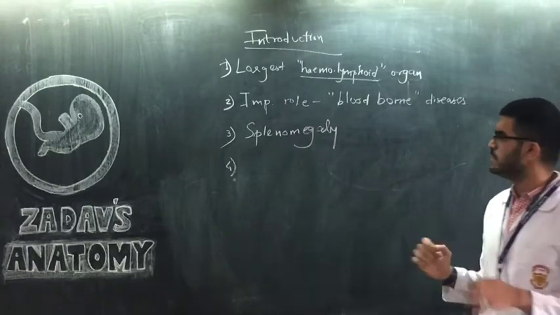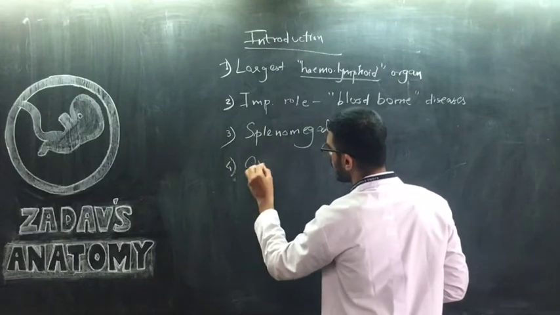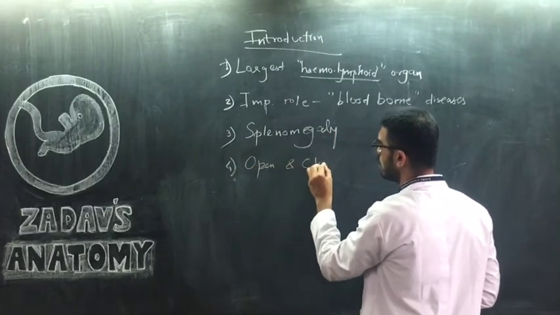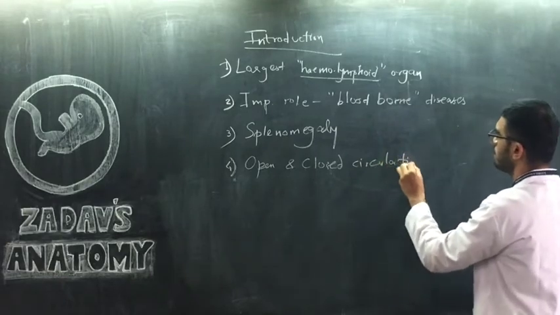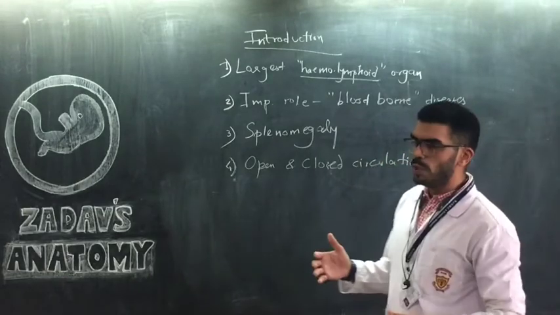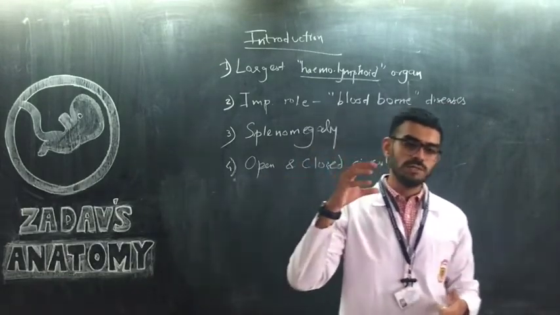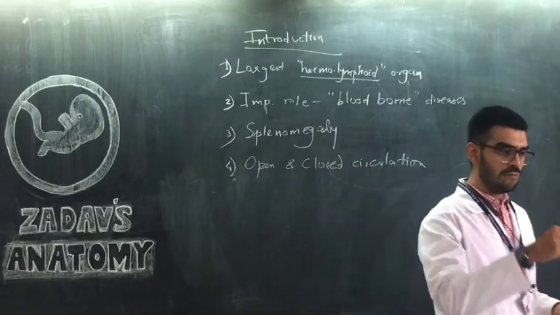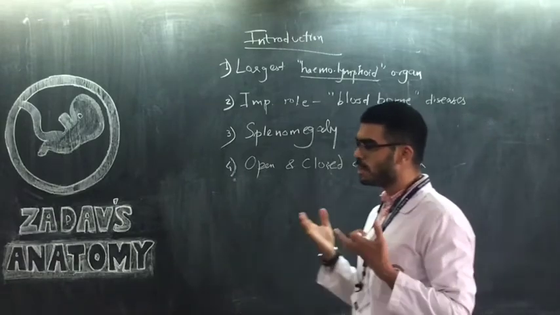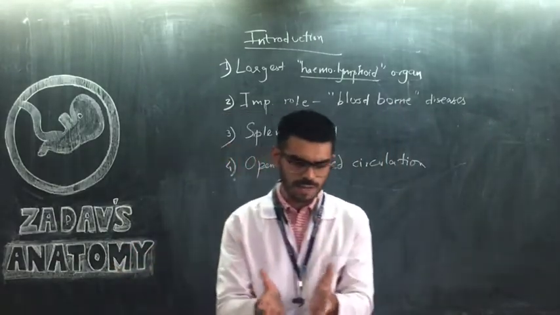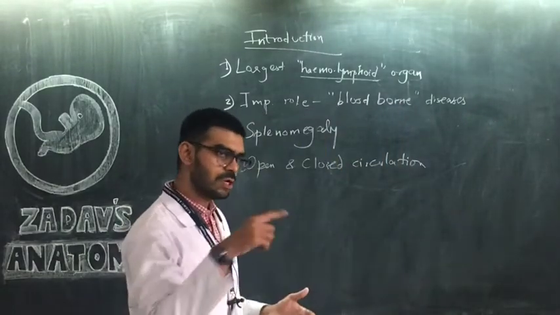The next point that is very interesting about the spleen is open and closed circulation. So normally when the blood follows a typical artery, arteriole, capillary, venule and vein pathway, it is known as closed circulation, because the blood never literally leaves the closed compartment.